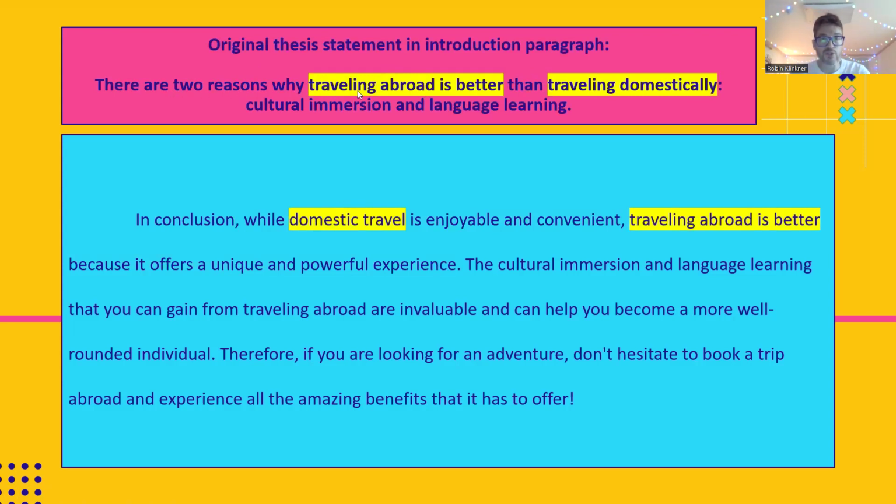There are two reasons why traveling abroad is better than traveling domestically: cultural immersion and language learning. So, as we can see here, they rewrote it, not exactly the same. While domestic travel is enjoyable and convenient, traveling abroad is better. That's the main idea. Traveling abroad is better than traveling domestically. That's the main opinion of the writer.